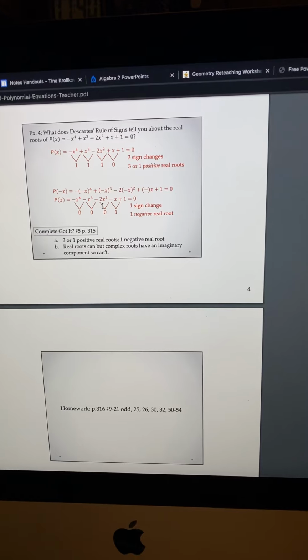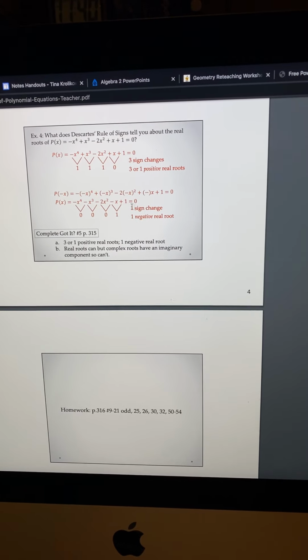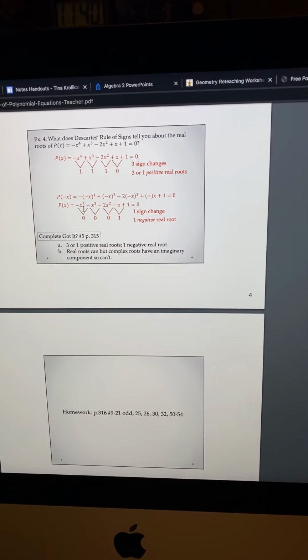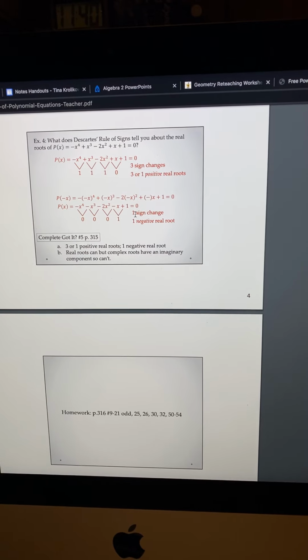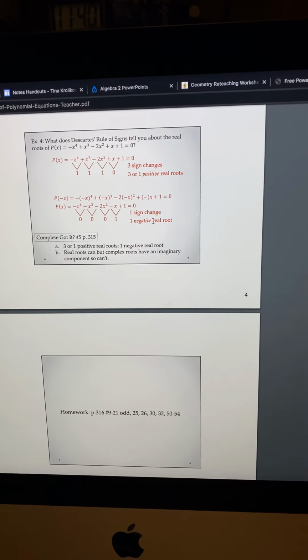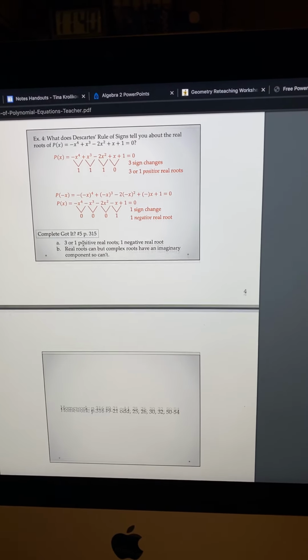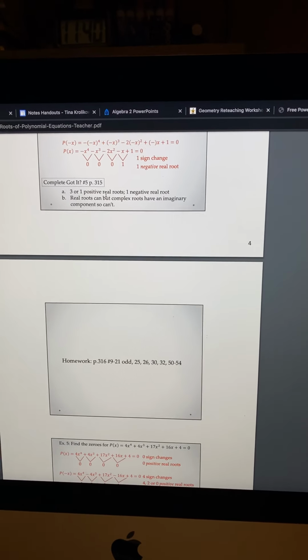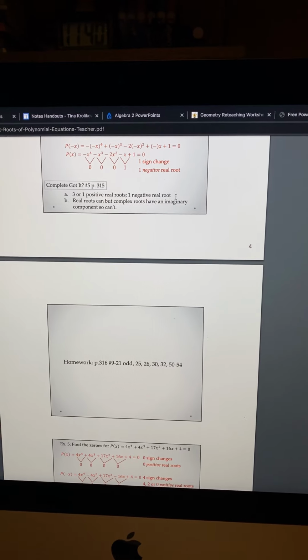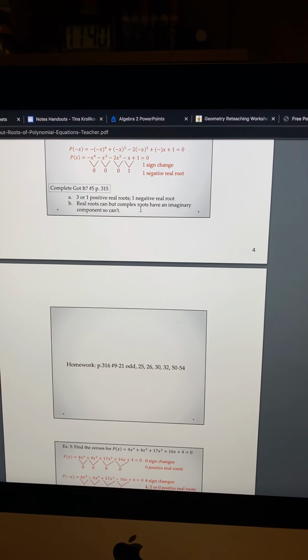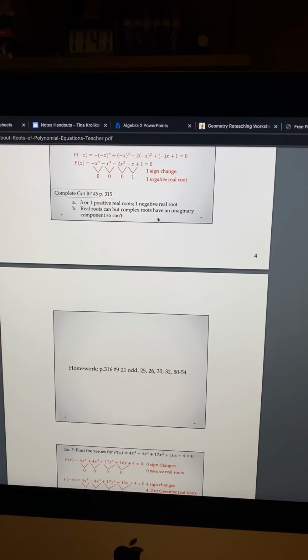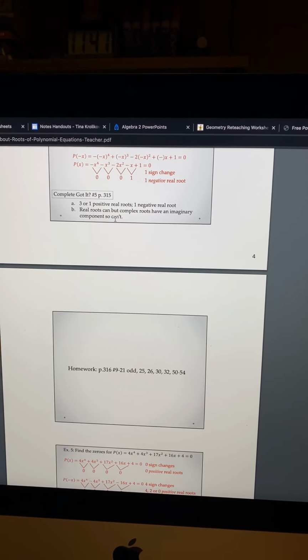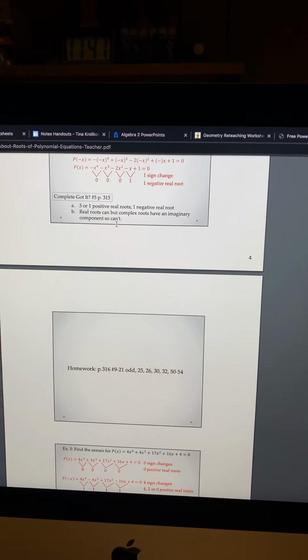Now same thing once we evaluate P of negative X, we're going to have 1 sign change and 1 negative real root. So to complete it, 3 or 1 positive real roots, 1 negative real root. Real roots can't be complex roots, which have an imaginary component.